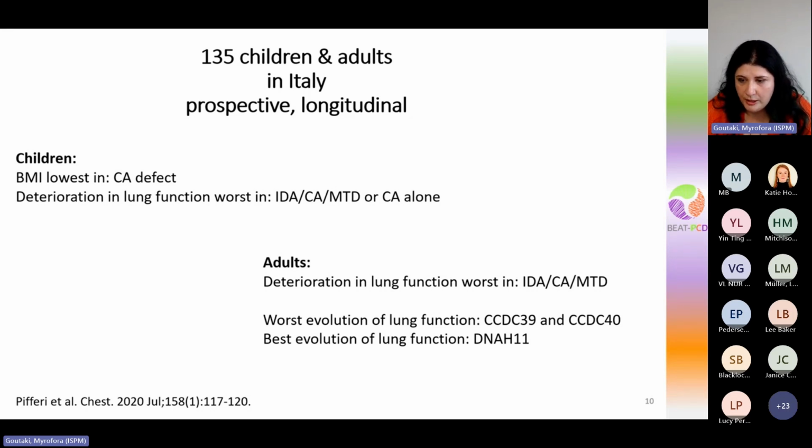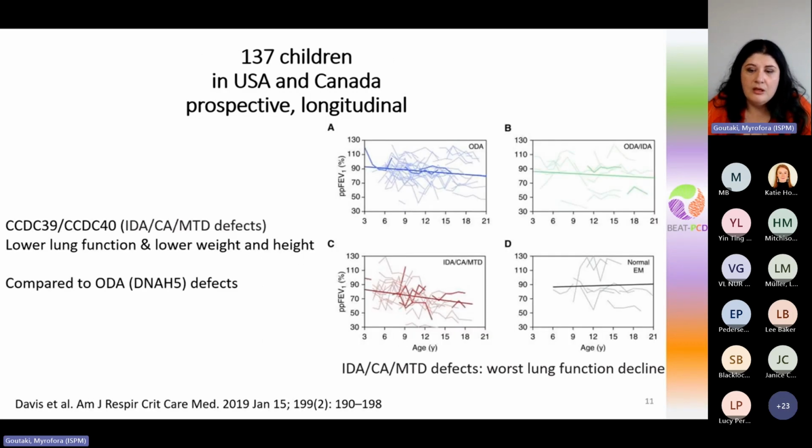The biggest part of their population was genotyped. They also describe in the paper that the worst evolution of lung function among all the mutated genes was in patients with CCDC39 or 40 mutations, and the best evolution in their population was with DNAH11.